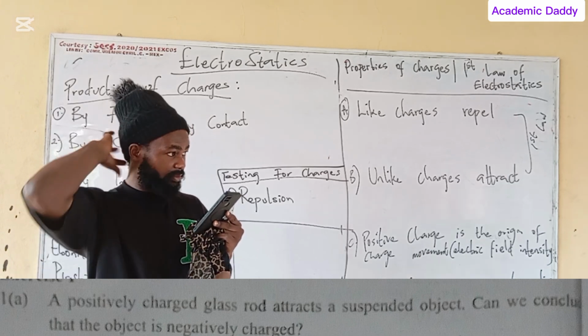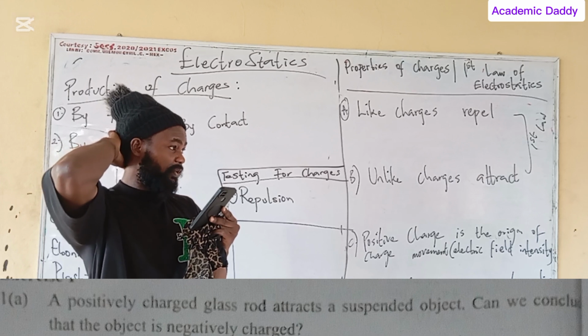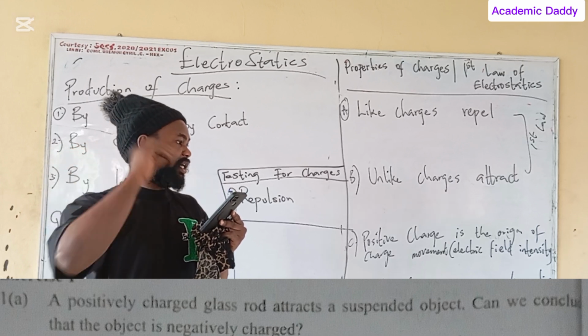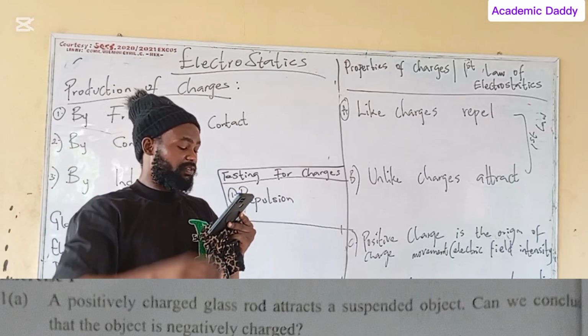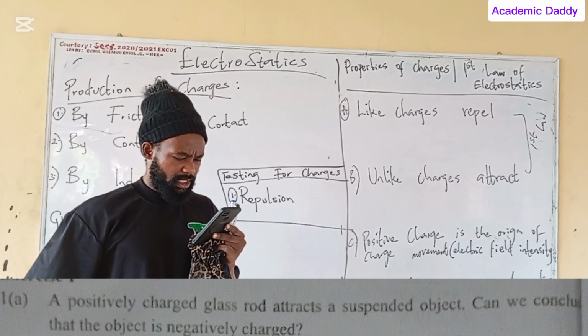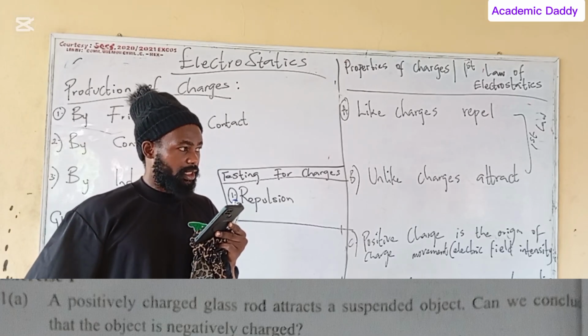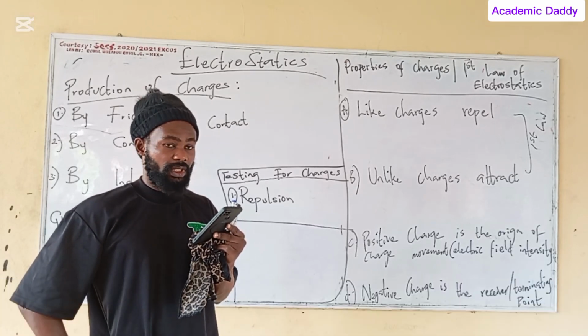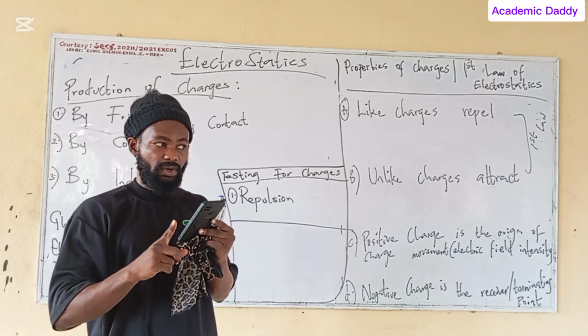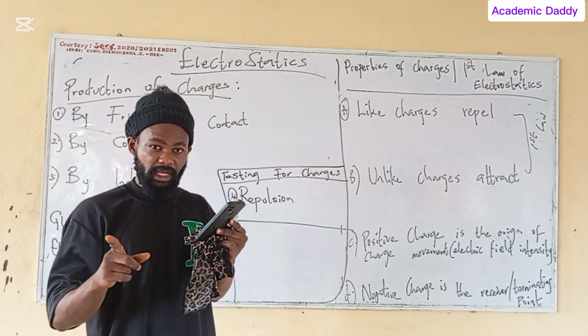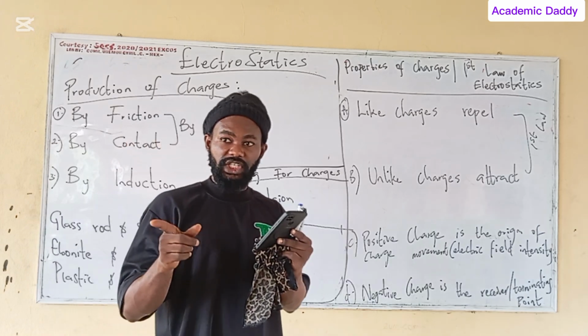So if it attracts a suspended object, it attracts because they are of different, they are unlike charges.